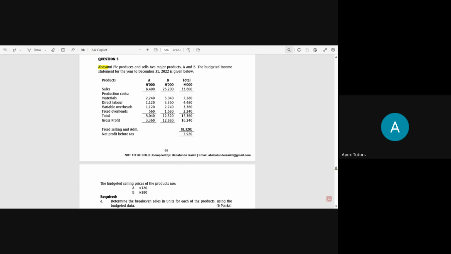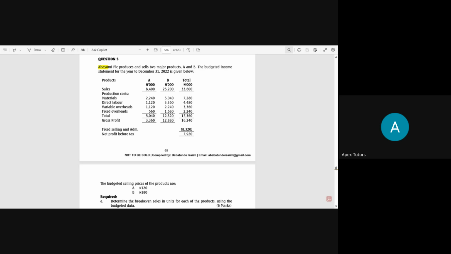But they are not given to us in units. Take notes. So now, for you to get material per unit for product A, what are you going to do?